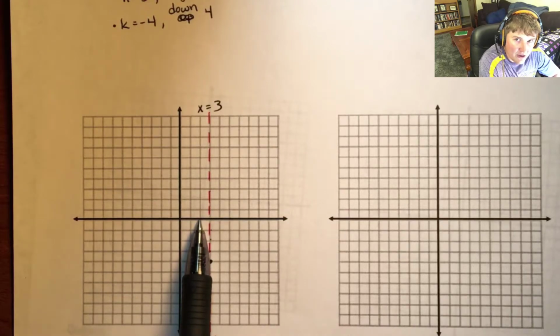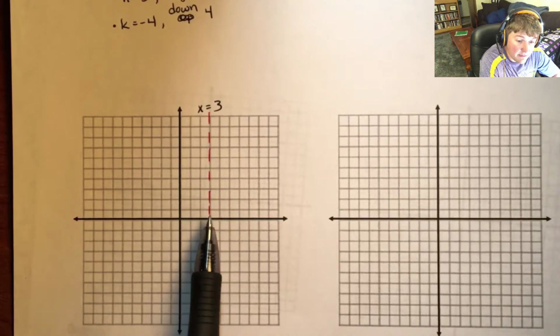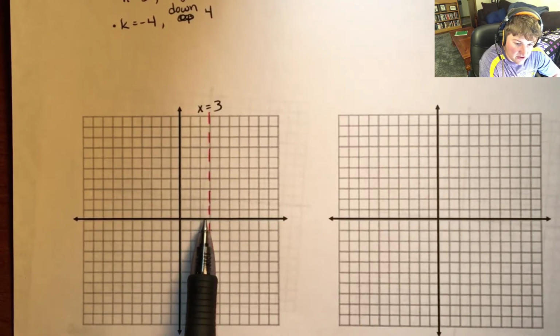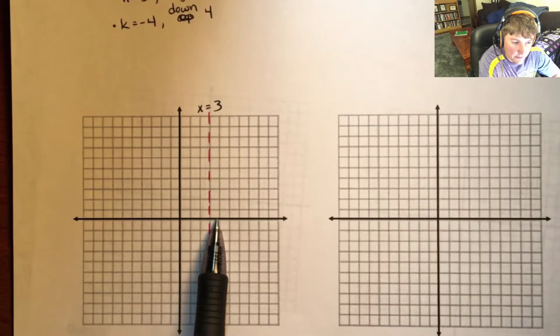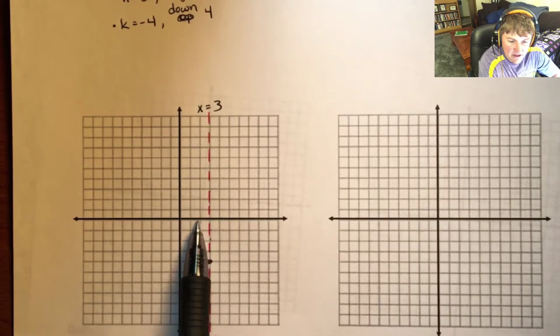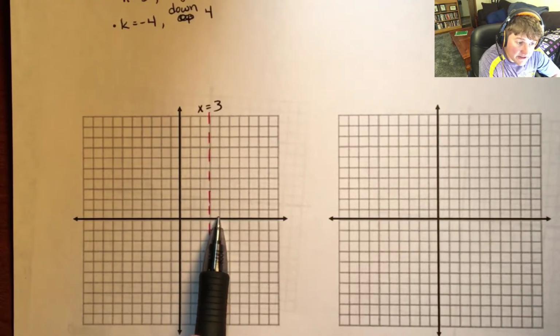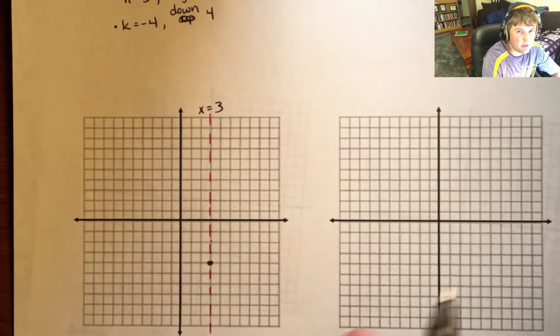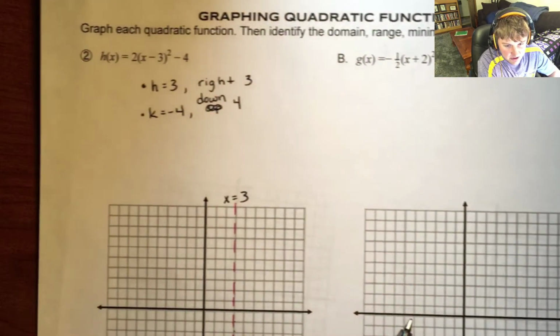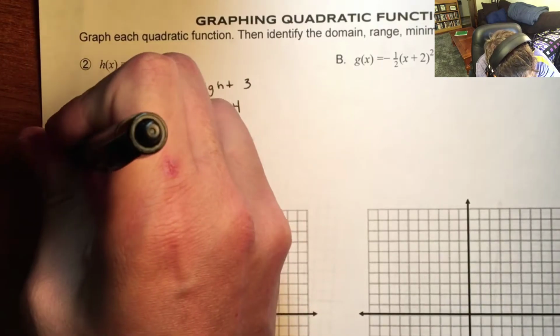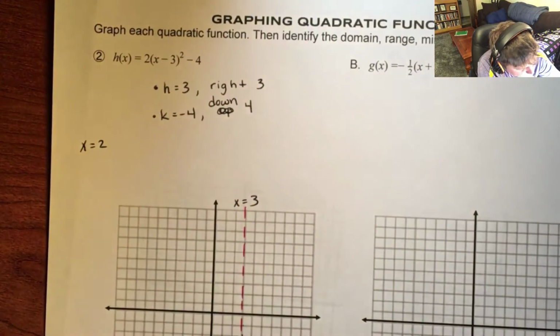It doesn't really matter which one because of the symmetrical pattern that we'll see here, because you'll get the same number whether you pick 2 or 4. We'll see that though. For me, I'm going to pick x is 2, because I tend to like to deal with smaller numbers. So let's go ahead, and I want to find the y value when x is equal to 2.